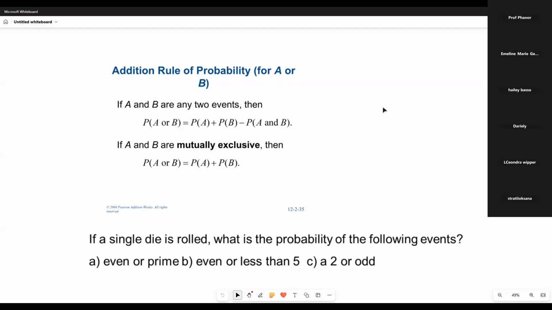If you have two events with the connective word or, the probability of A or B, where A is an event and B is also an event, is P of A plus P of B minus P of A and B. But if the two events are mutually exclusive, the probability of A or B will be just P of A plus P of B. You do not need the minus P of A and B. All right. So let's try this example here.